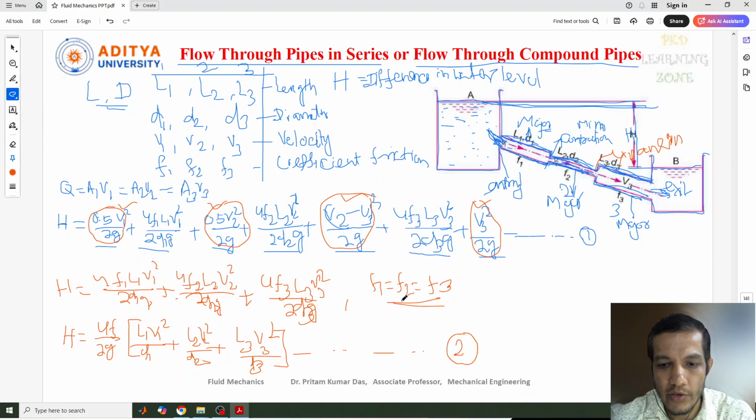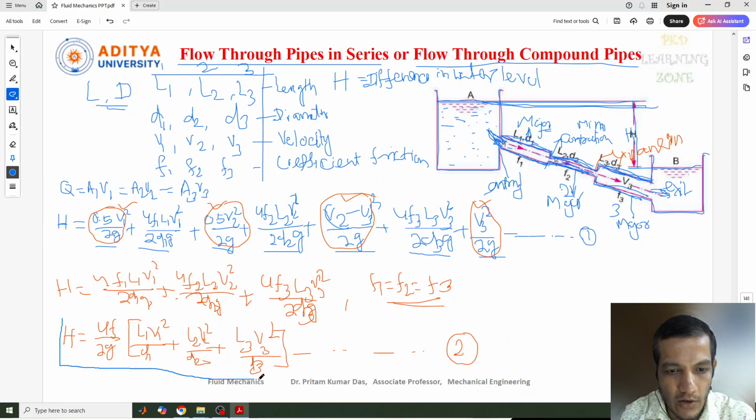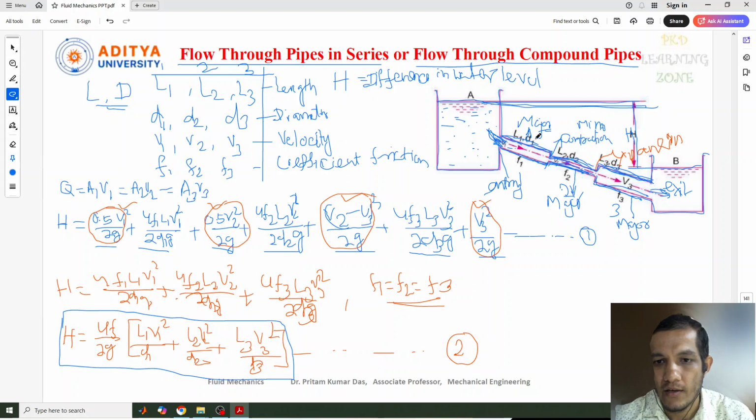Now from this equation, what we can get is that the total head loss basically depends upon the length, velocity and diameter. So what is the length of the pipe, what is the diameter or area, and what is the velocity. Diameter, length and velocity are the most crucial things in the head loss, and this is for the major loss.